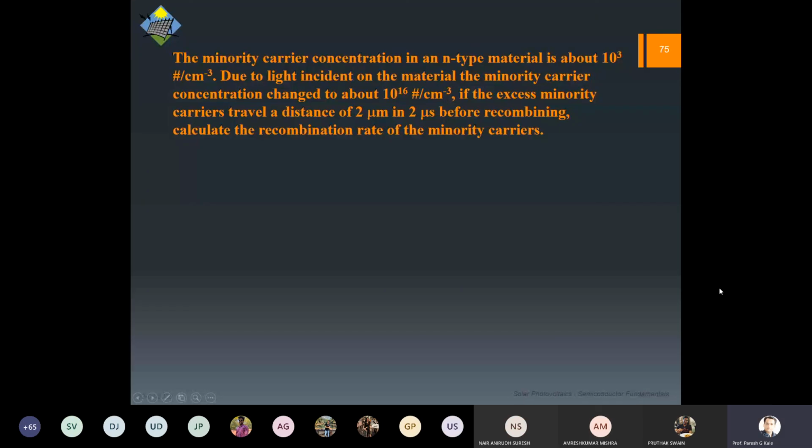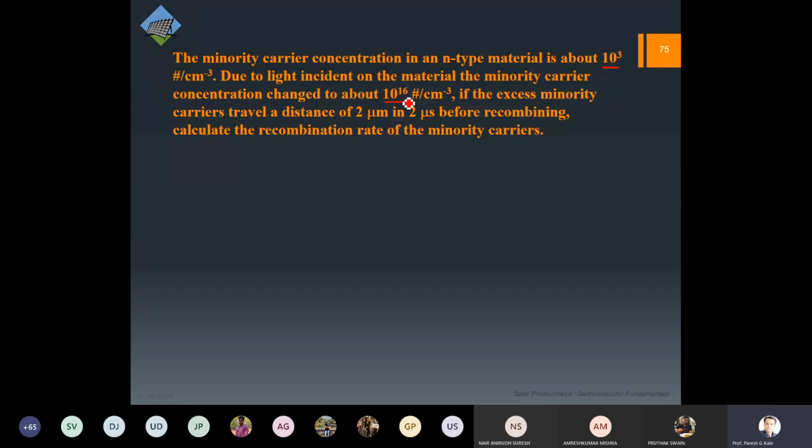So the minority concentration is 10 raised to 3, right? You can also understand these numbers. Now when the light is incident, the minority carrier concentration changes to 10 raised to 16. That's a huge change. This is the excess carrier concentration. Earlier it was only 10 raised to 3, now I have 10 raised to 16.